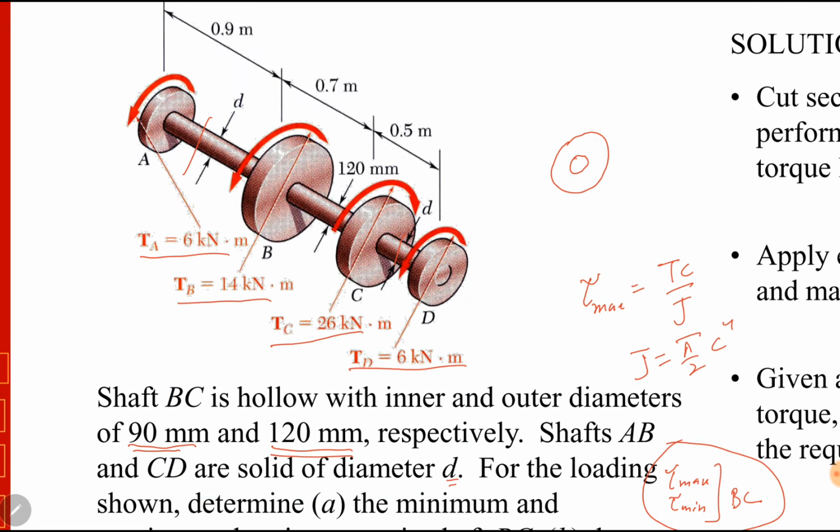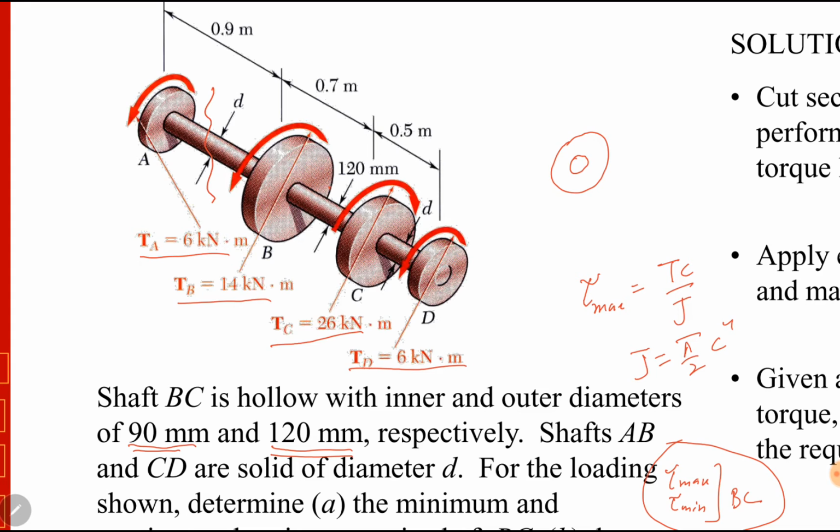So torques in the pulleys are given. We need to find torques in the shafts. So we have to section this member between points A and B to find torque in shaft AB.